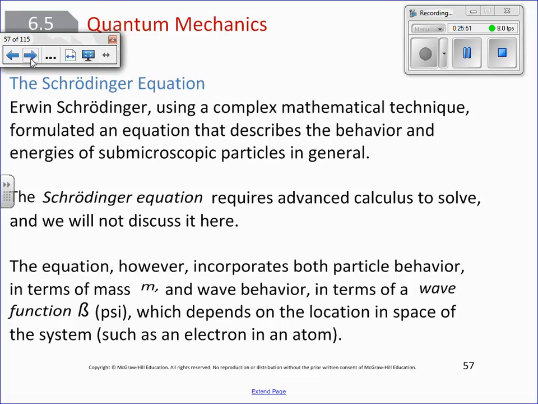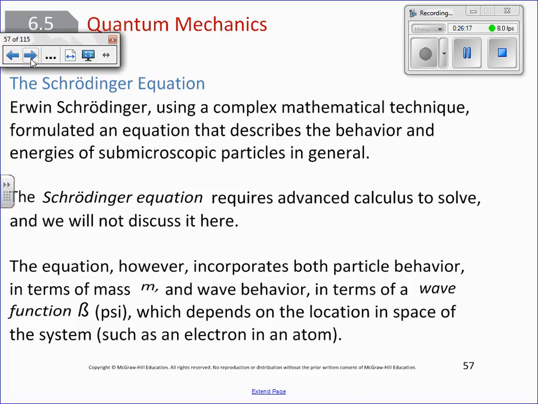It incorporates both particle behavior in terms of mass and wave behavior in terms of something called a wave function, psi, and it's the wrong symbol there. Psi actually looks like a little trident. The psi function depends on the location in space of the system, such as an electron.